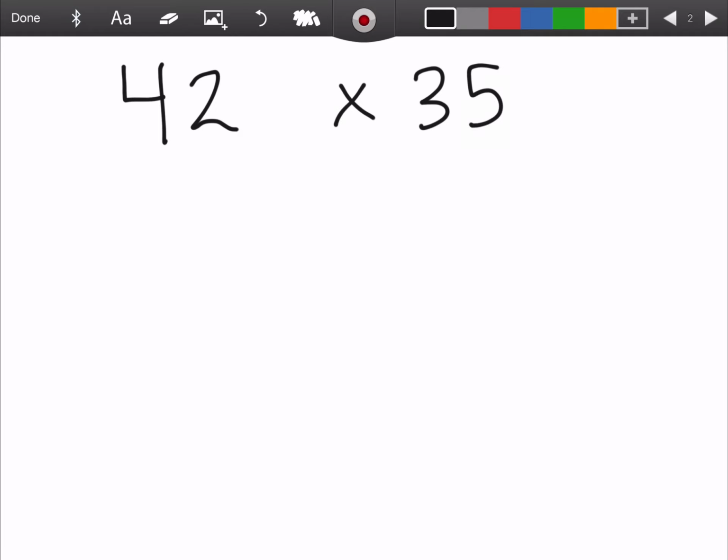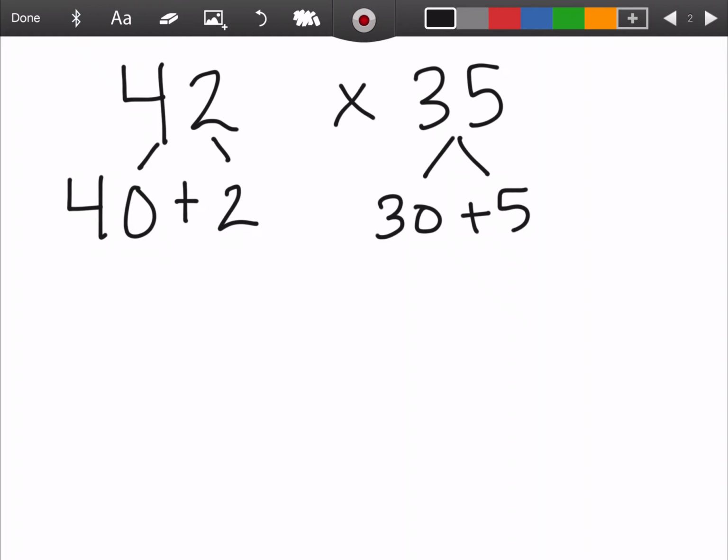The first way is going to be just like our partial products from the past couple of days. So we think about 42 times 35, and we break apart these numbers and we expand them. So we know that 42 is actually 40 plus 2, and 35 is actually 30 plus 5.